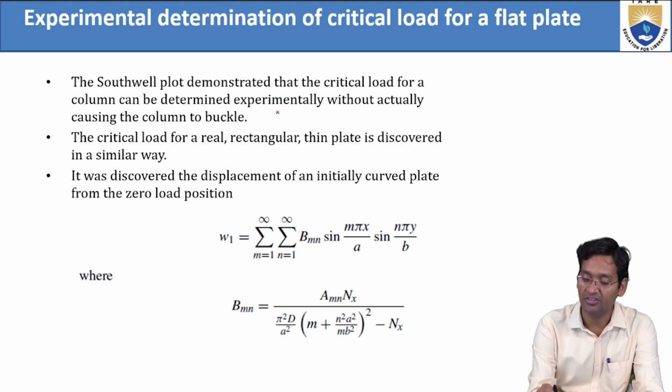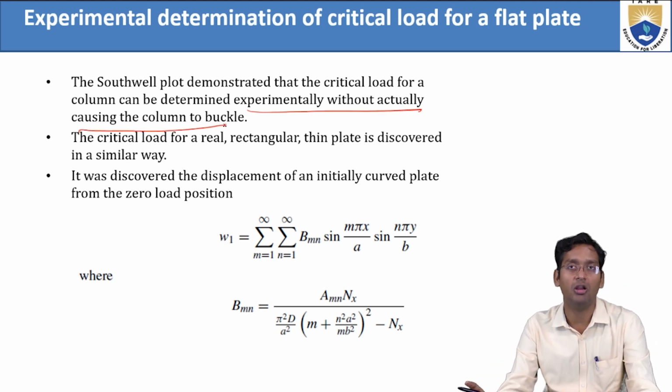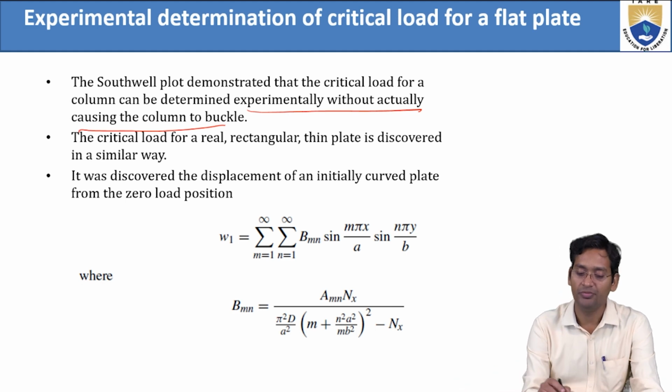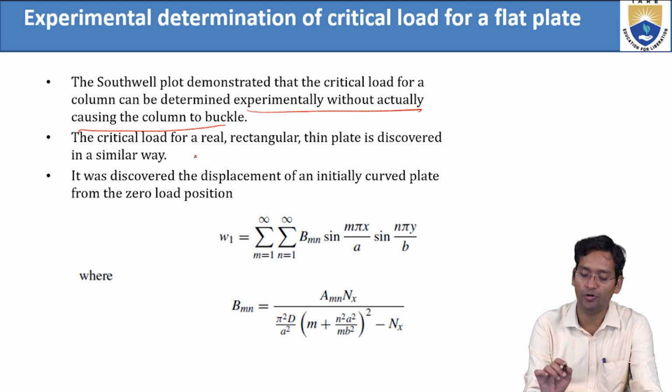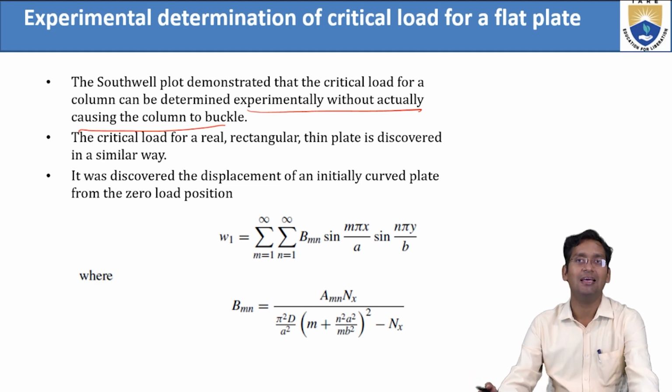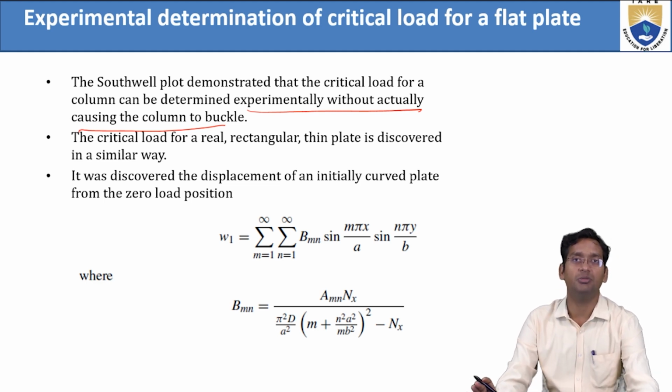So the column should not buckle, and still we can find the critical load from the Southwell plot. The critical load for a real rectangular thin plate is discovered in a similar way.